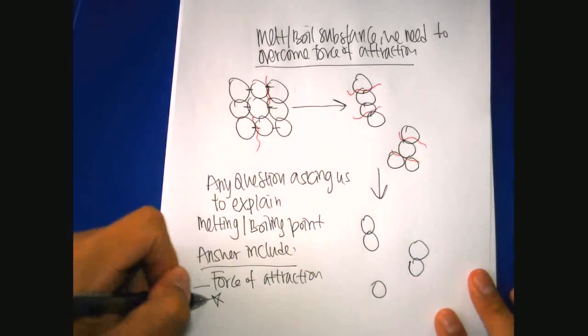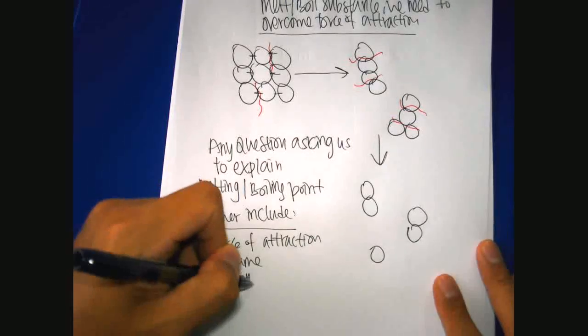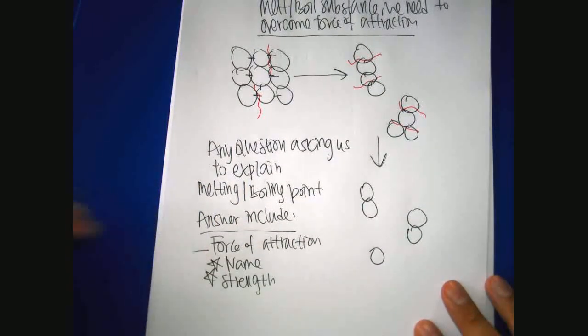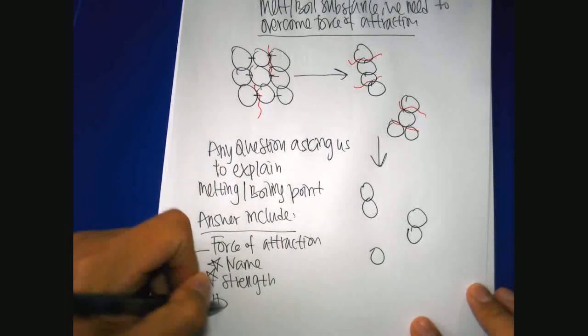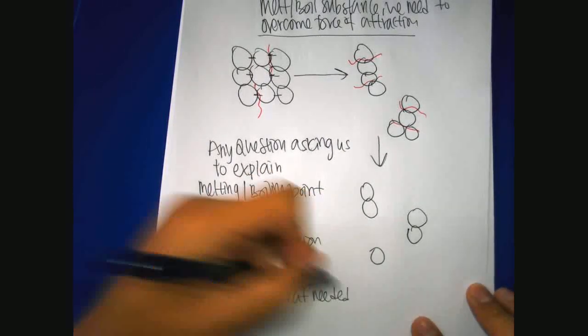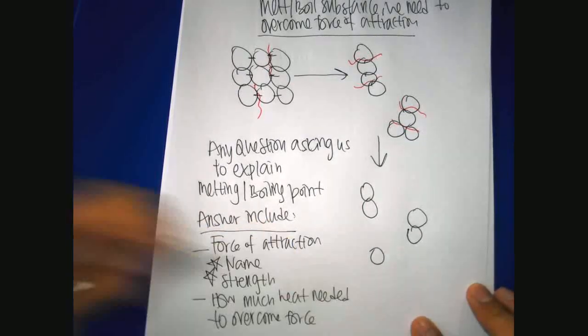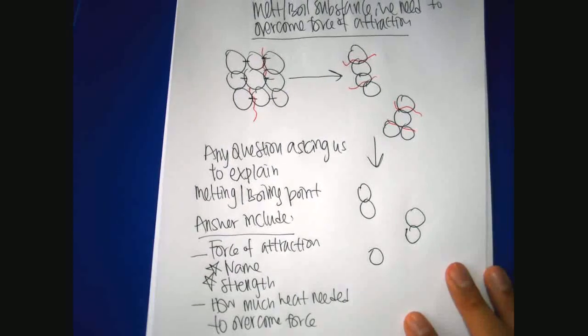We tell people the name of the force and also the strength of the force that we need to overcome. After that, we must tell people how much heat is needed in order to overcome the force of attraction. So all the questions related with melting and boiling point, we can always play with these two things, force and heat.